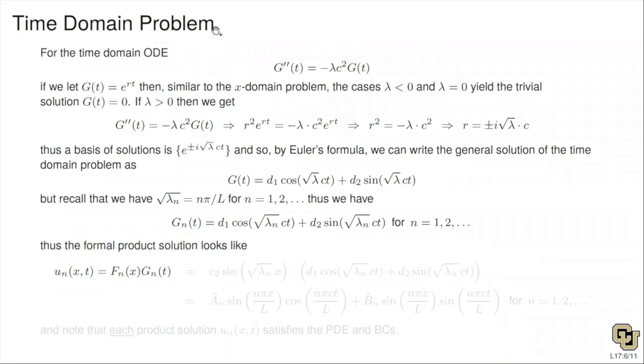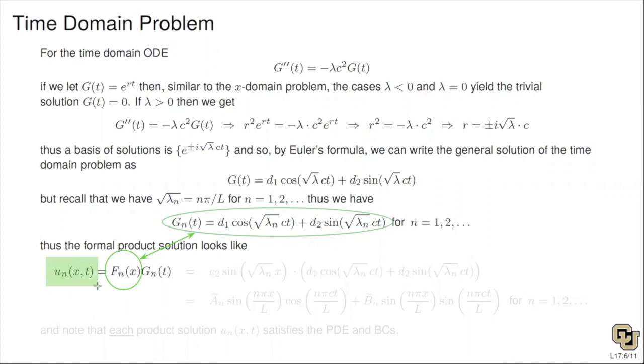We have G sub n, which has the eigenvalue lambda sub n, that will match up with F sub n, which also has the eigenvalue n. And so the eigenvalues are coordinating these product solutions. I don't match up F1 with G3. F1 and G1 go together, F2 and G2. And so now we have infinitely many product solutions.